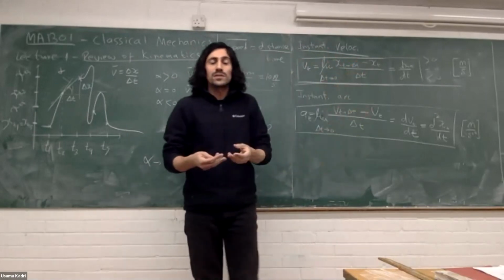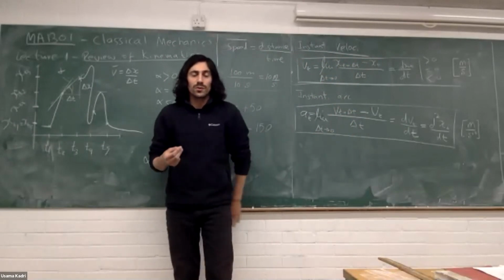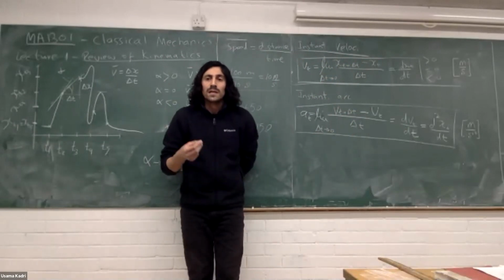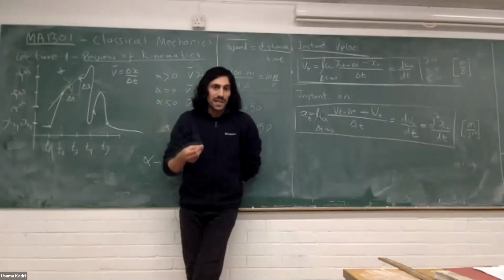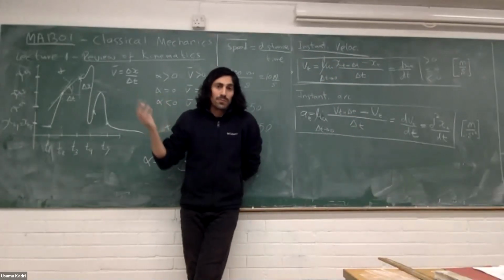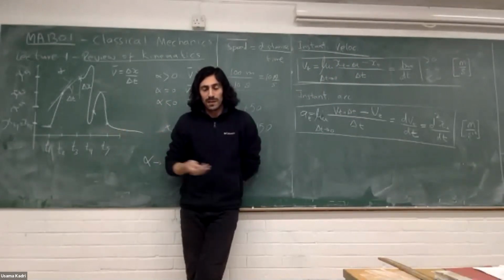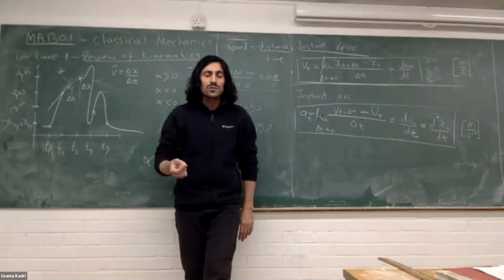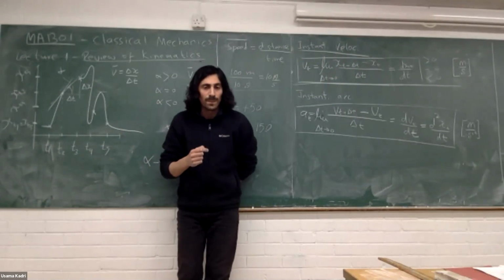So you have units of length divided by units of time. So it has to be something like meter per second. It can be also feet per hour, right? That's fine. That's just using different units, and you can convert between them. But it has to be a unit of length divided by a unit of time.